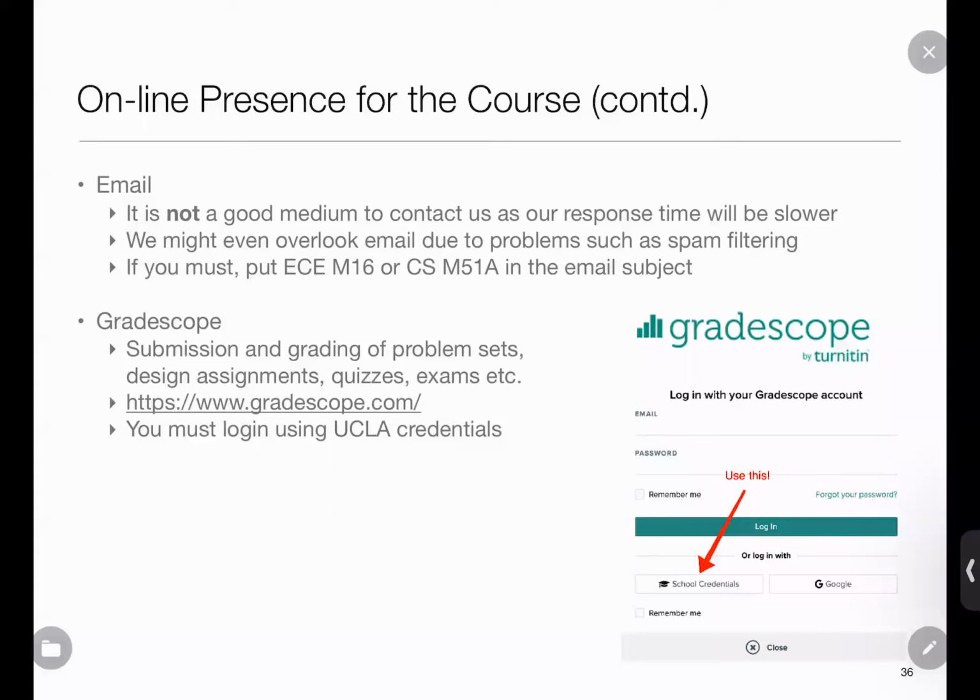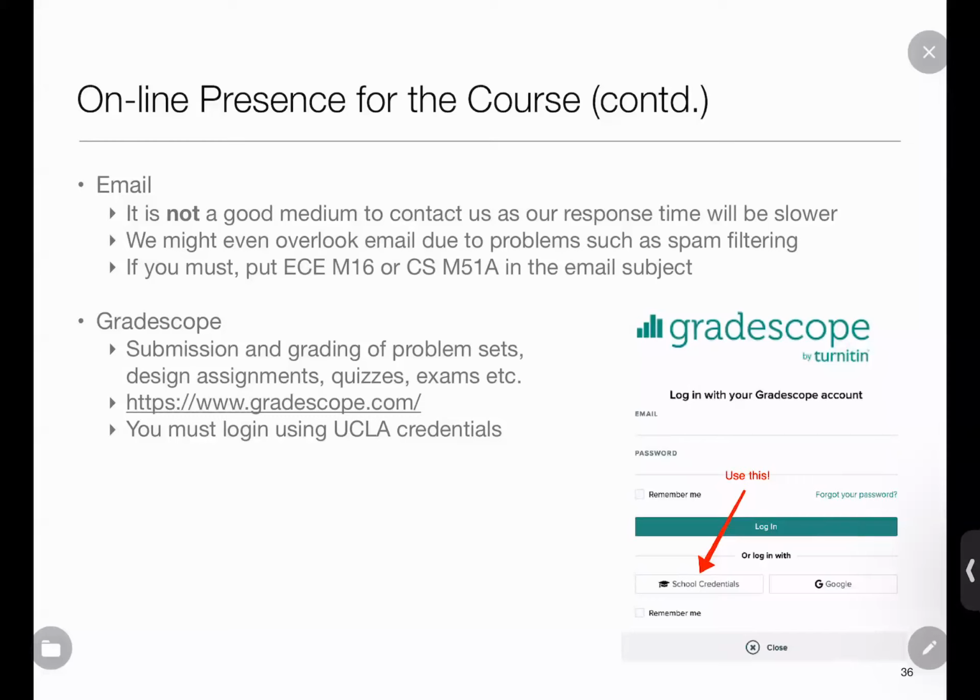Both Piazza and Gradescope are configured so that they sync with the registrar roster, which means that the emails they use are the ones on your registrar records. So if you have a private Gradescope account or a private Piazza account, you will not be in there.